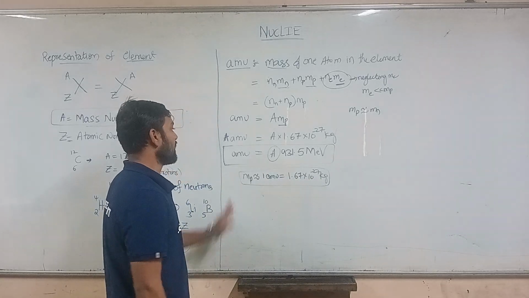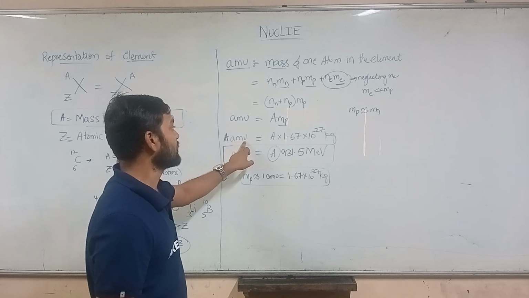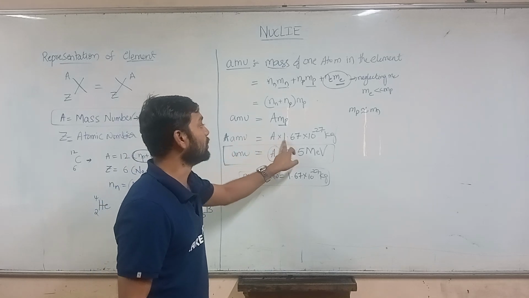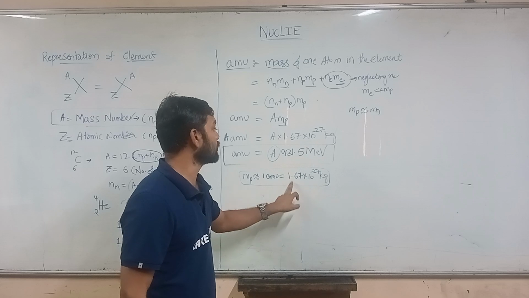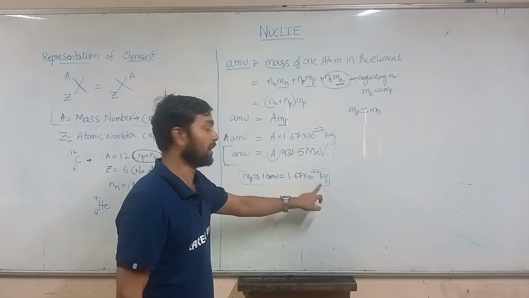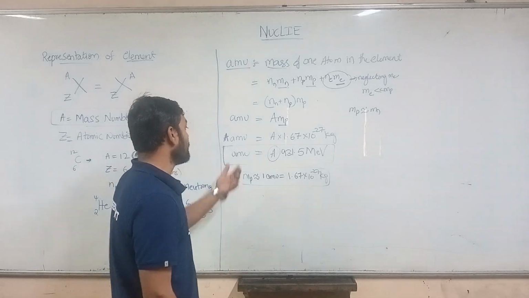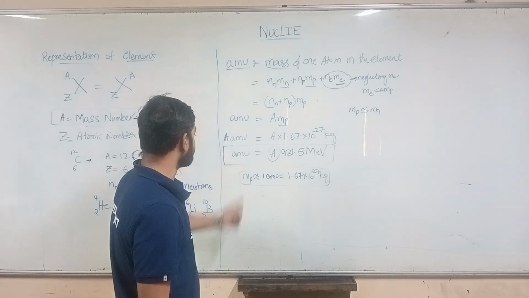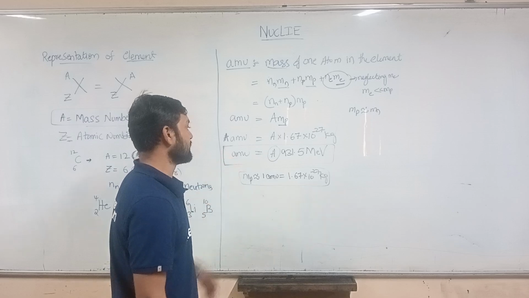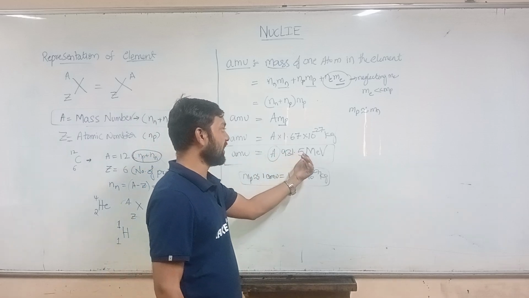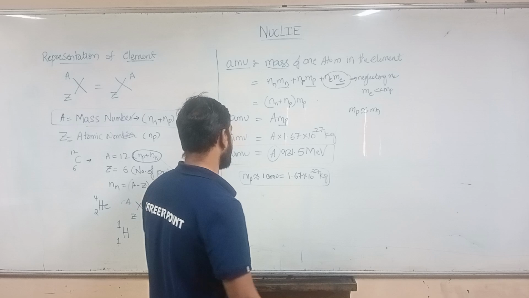Here also we have the mass number of the atom, so for that reason, A into 931.5 mega electron volts, we need to write like that.